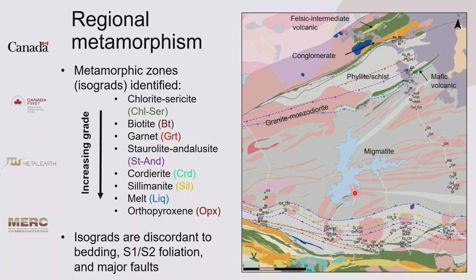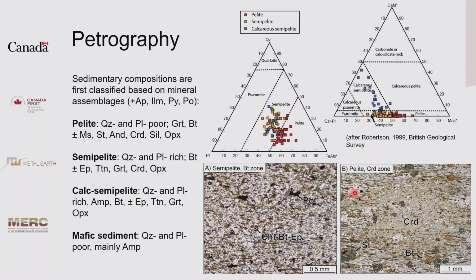So petrography was first used to come up with groups of different rock types for the metasediments that display similar mineral assemblages. We have three main rock types. The pelite characterizes rocks that have aluminosilicates and staurolite, cordierite at medium grades.